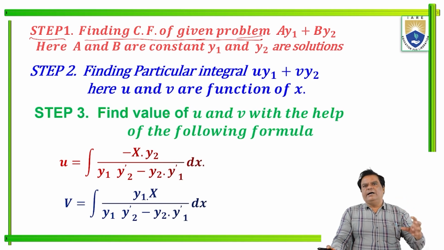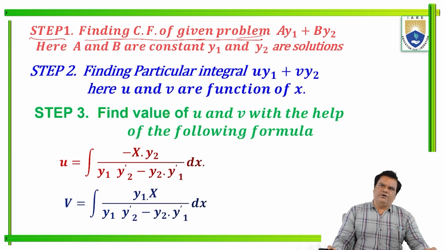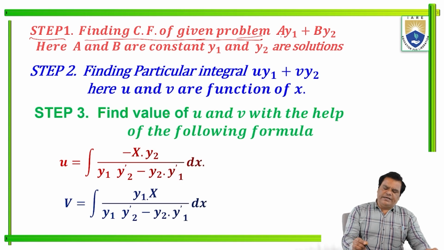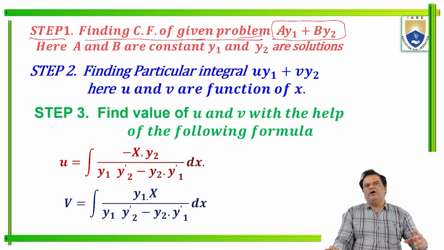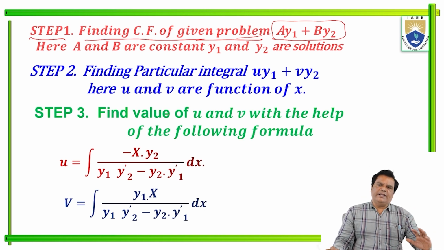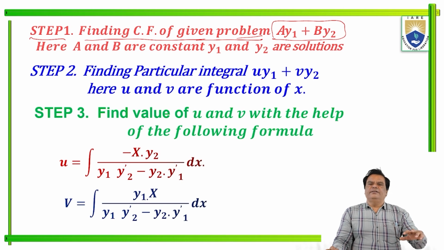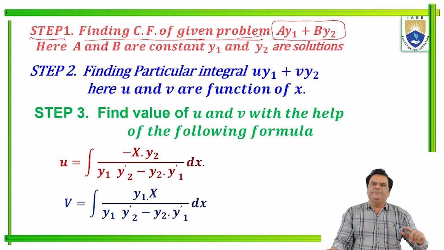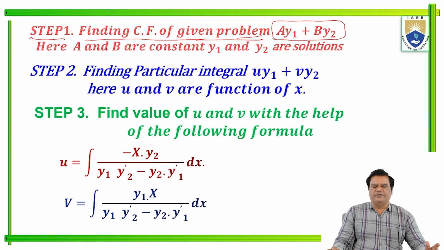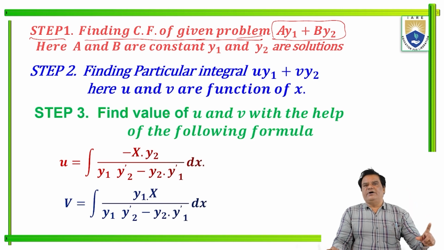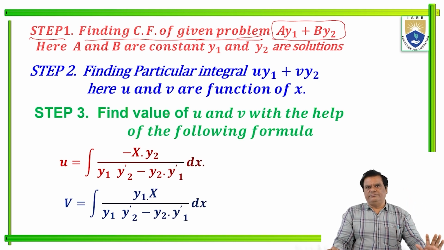So here we consider a y1 plus b y2 as the complementary function of the given question after putting RHS equal to 0. Otherwise, we cannot find the complementary function. To find the complementary function, RHS must be 0.